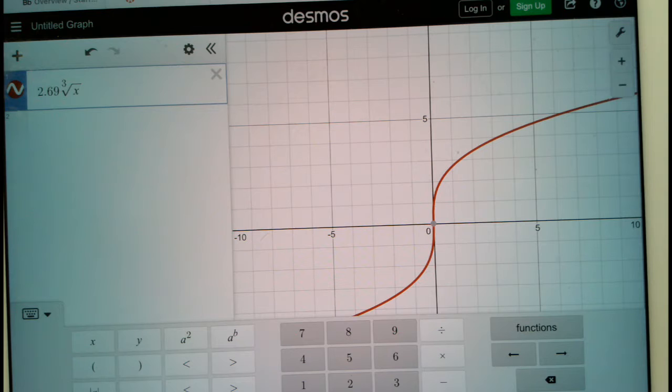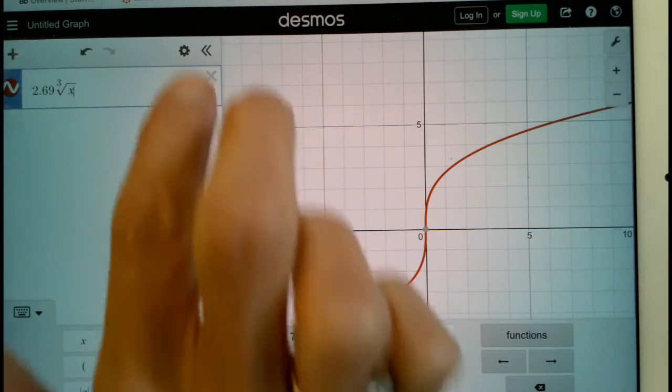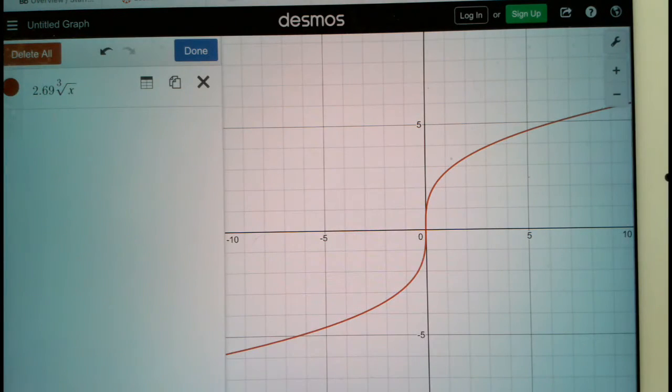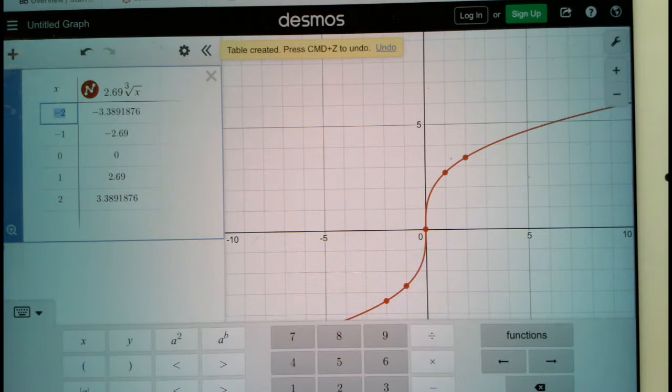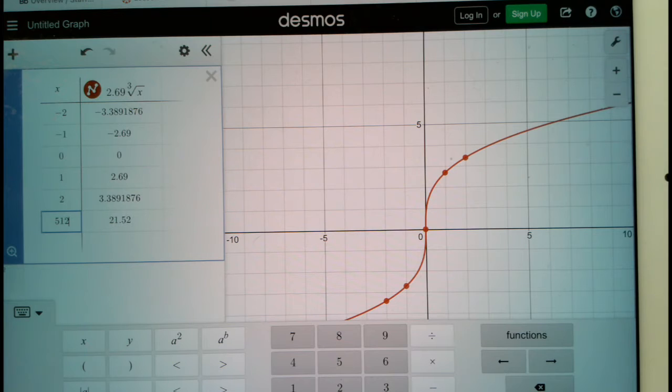So there's the picture, which doesn't really help me. But what is going to help me is if I go to the gear and convert this equation to a table. Now, we were given very specific values. We want to find the average rate of change from 512.